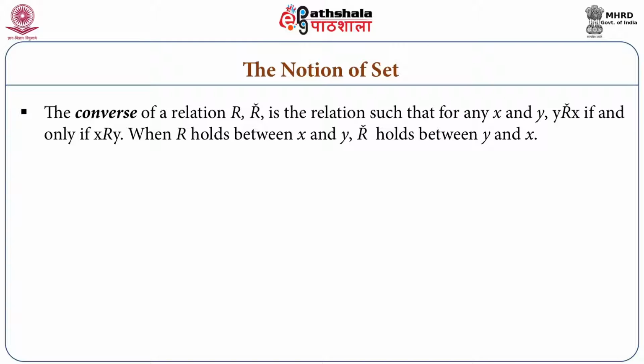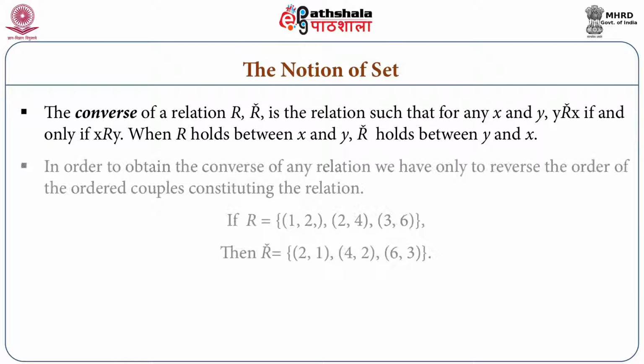Let us look at a board, for example. If R is a relation and it has a set of members which are all ordered pairs, one is (1, 2), (2, 4), (3, 6), and if we define converse relation on R, there is a small mark above R. Sometimes it is a bar R or sometimes it's a complement R, but let us say it's converse R. So converse R will be (2, 1), (4, 2), (6, 3).